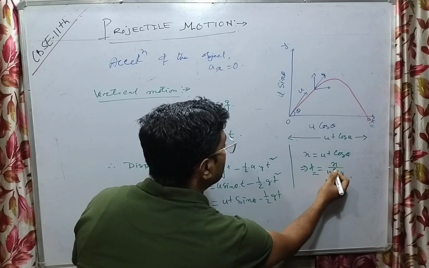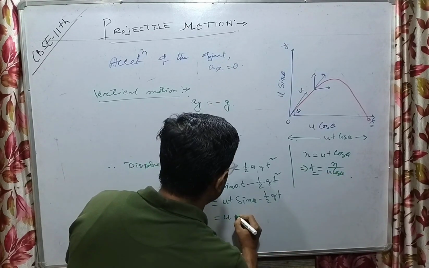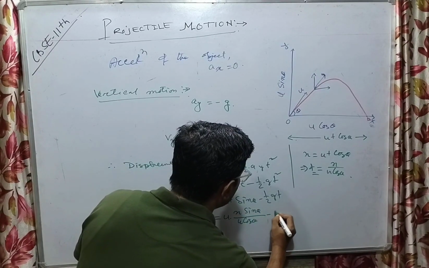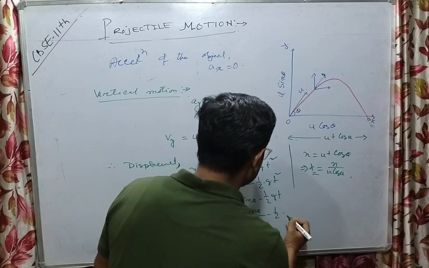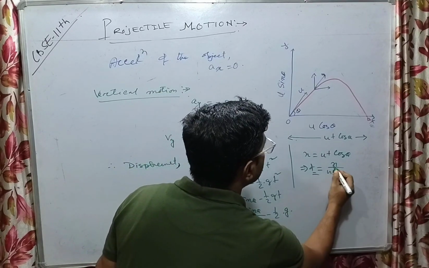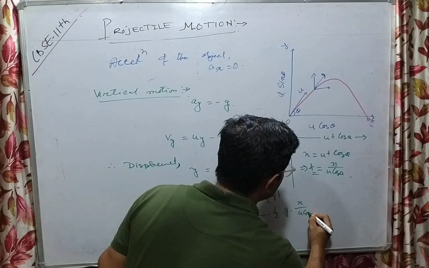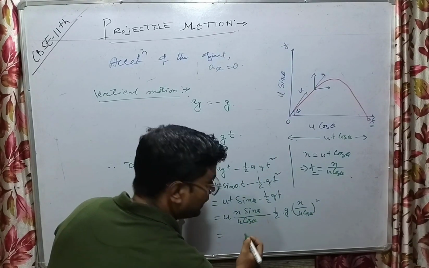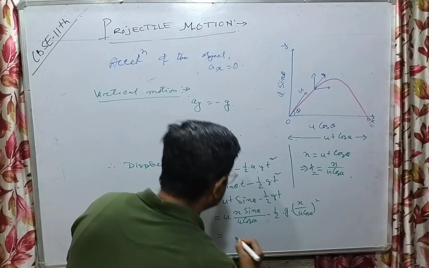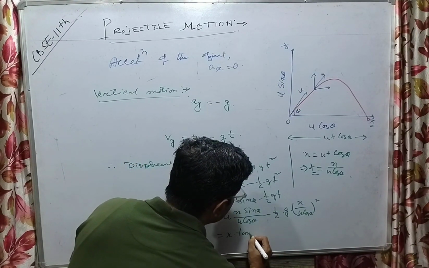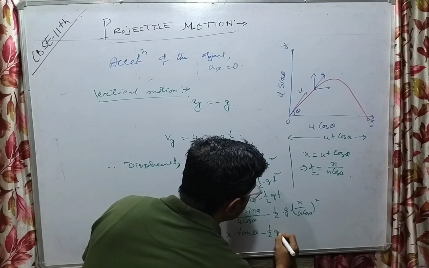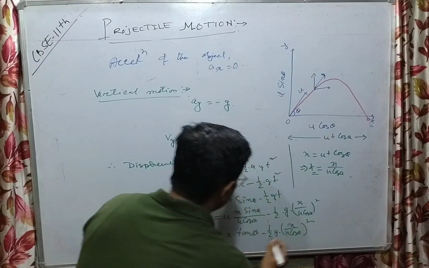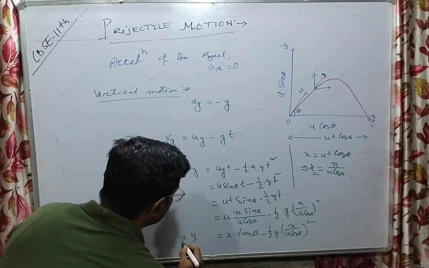Y is equal to u sin theta into x by u cos theta, minus half into g into x by u cos theta whole squared. U cancels, and sin theta by cos theta is tan theta, so y is equal to x tan theta minus half of g into x by u cos theta whole squared.